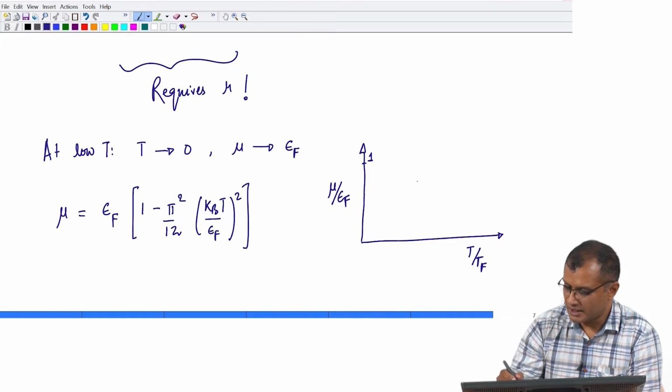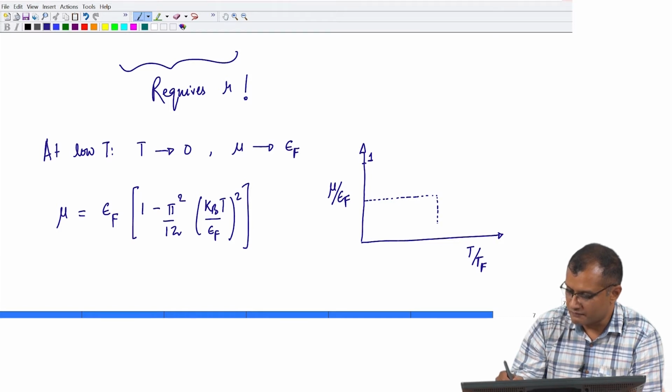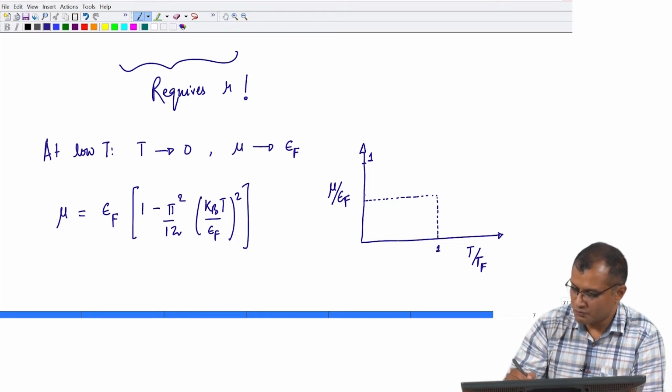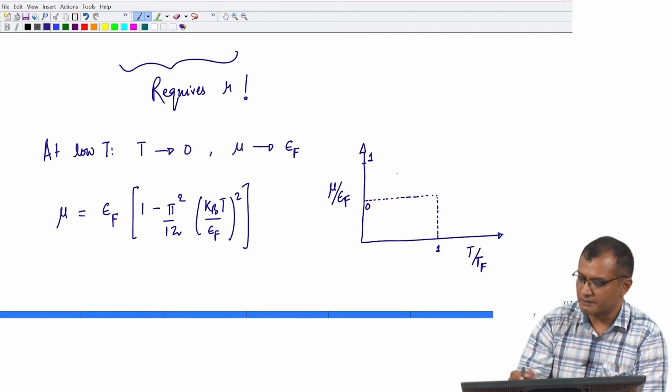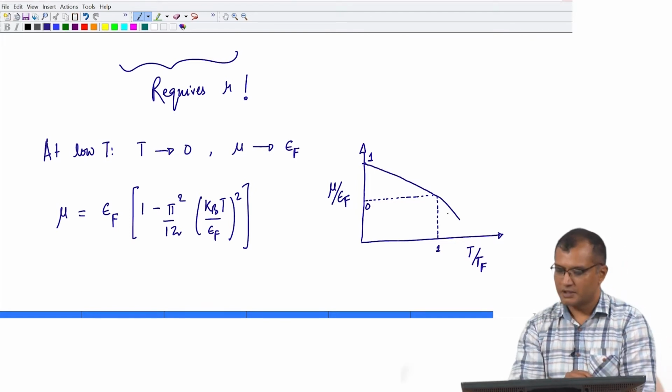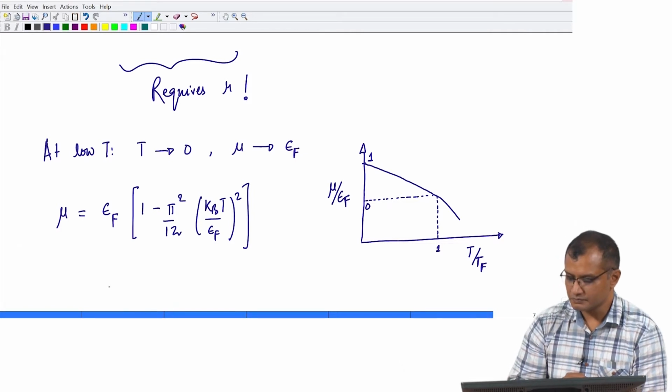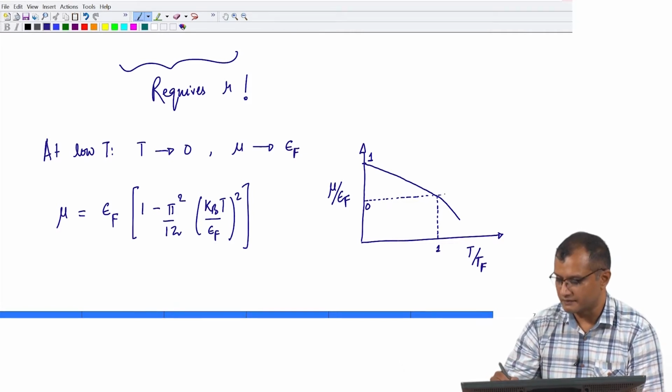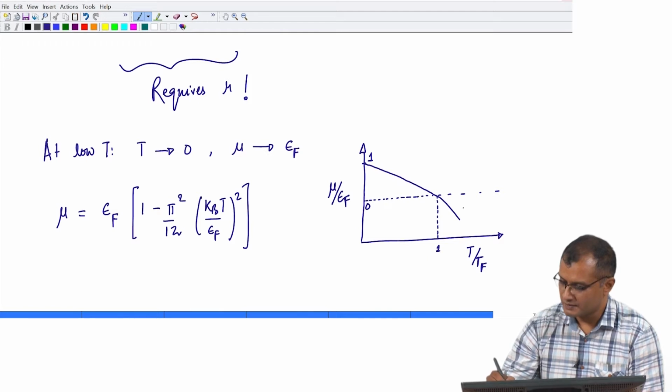And eventually somewhere along the lines where this is of the order of 1, you would be hitting the 0 of the chemical potential, and from that point onwards your chemical potential will turn negative. So, this is the area of negative chemical potential.